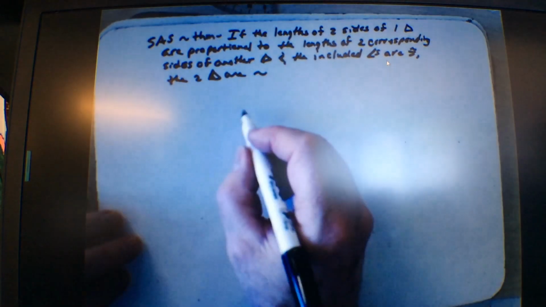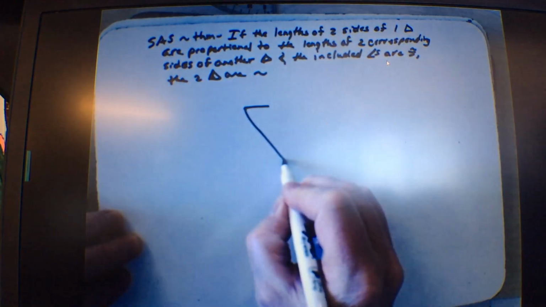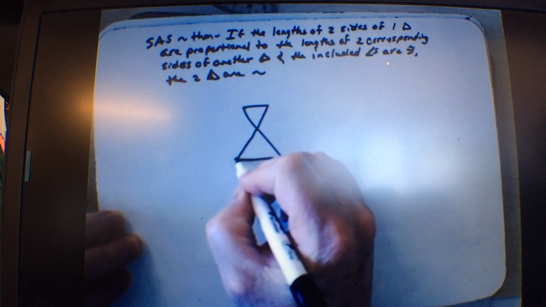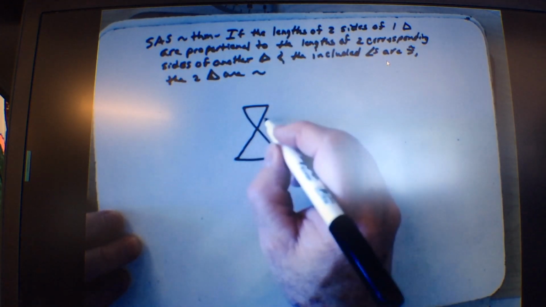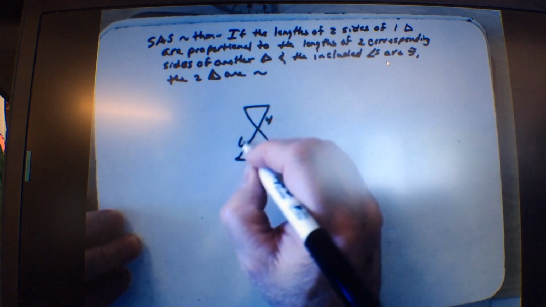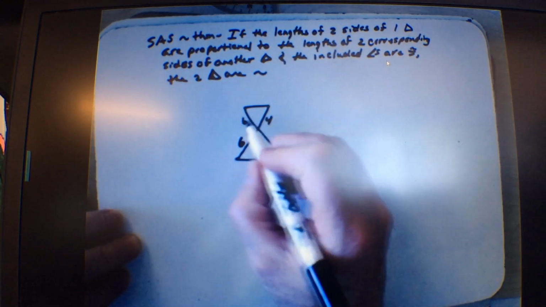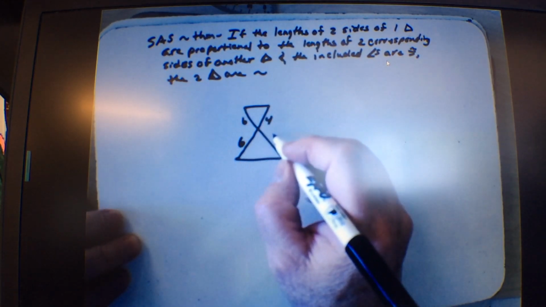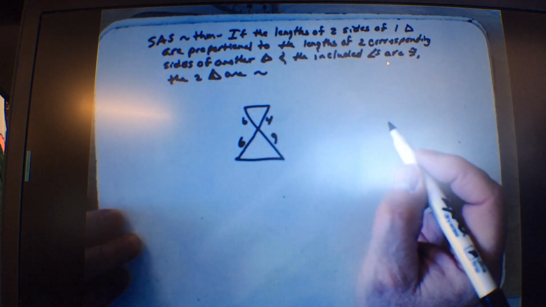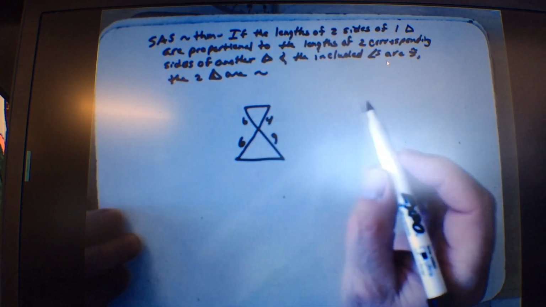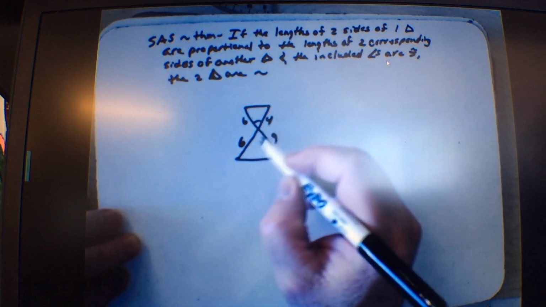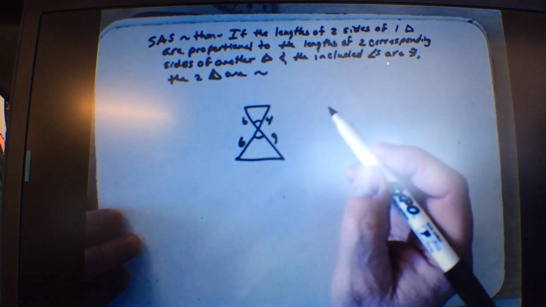So let's say I have something like this, right? And I have, this is 4, and this is 6, and this is 6, and this is 9. If I take a look at these two triangles, this angle here and this angle here are congruent, right?